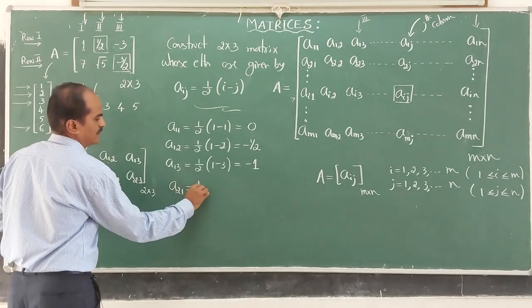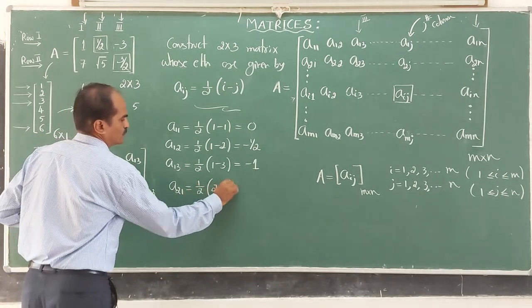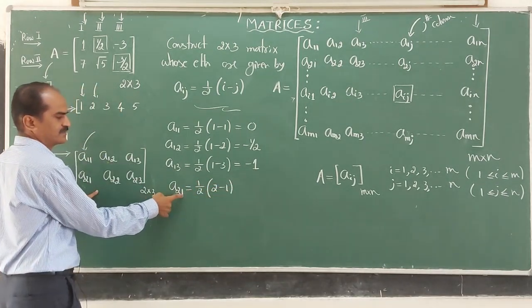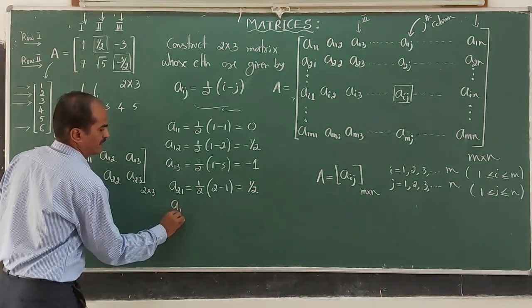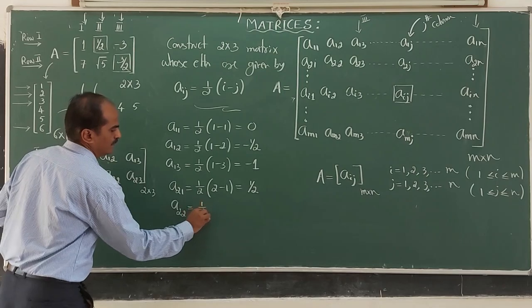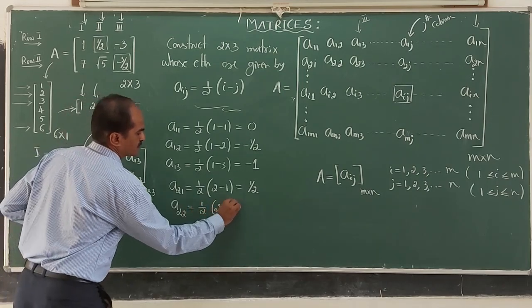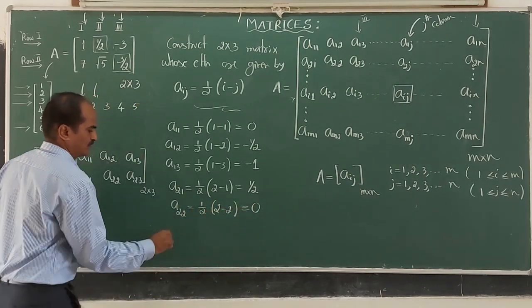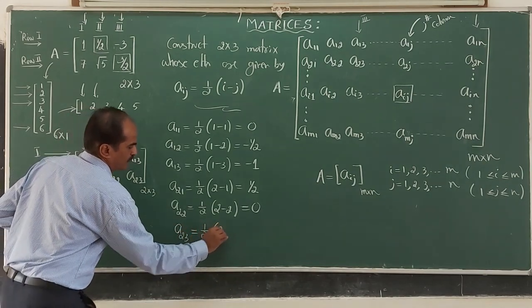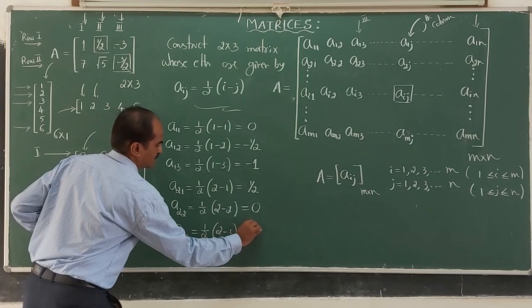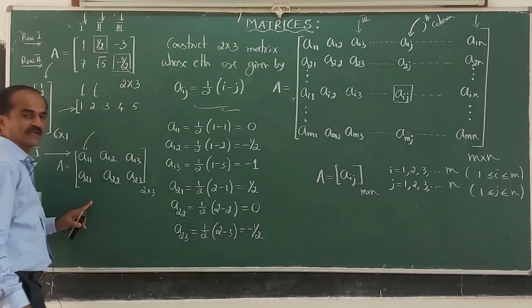A21 is half of 2 minus 1, because i is 2 and j is 1, that is equal to 1 by 2. A22 is half of 2 minus 2, that is 0. A23, half of 2 minus 3. If you simplify, you are going to get minus 1 by 2.